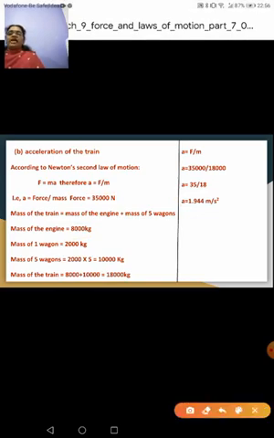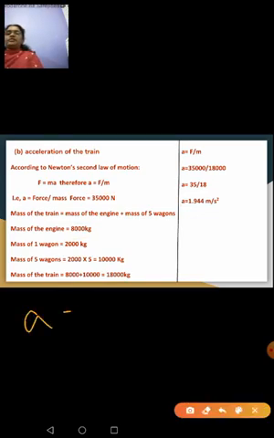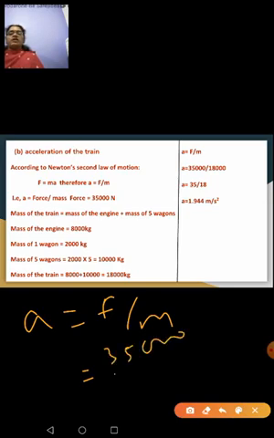So we have calculated, we want A, right? Now we have calculated the net force in the first part itself. What's the net force we calculated? 35,000 divided by the mass of the train, which is the sum of the mass of the engine plus the mass of the wagons, which is equal to 18,000 kg.